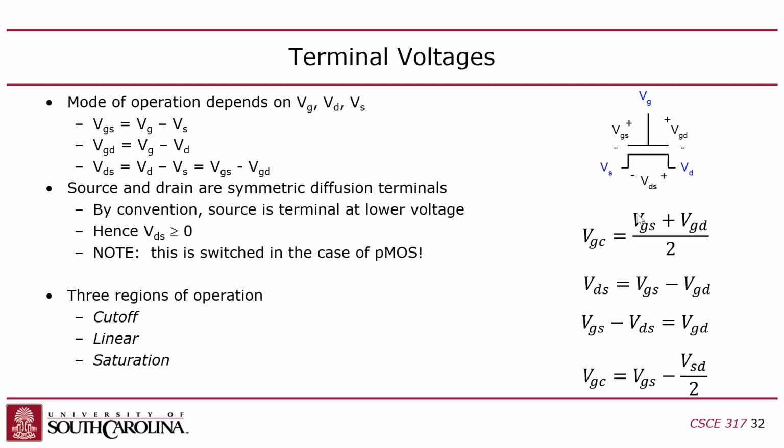But what kind of sucks about it is if you have an inverter, right? So here's an inverter, and this is VDD up here, and this is ground, and this is your input, and this is your output. Obviously, this terminal is at the lower voltage, right?